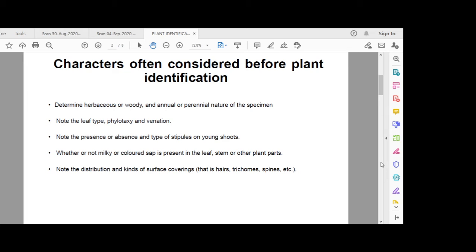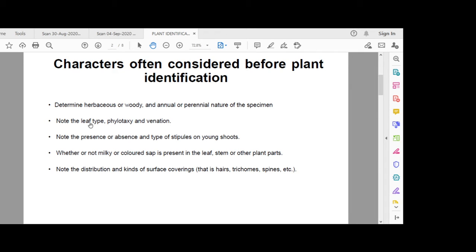Now, characters often considered before plant identification. When we go for identification of a certain plant, we should consider these important characters.